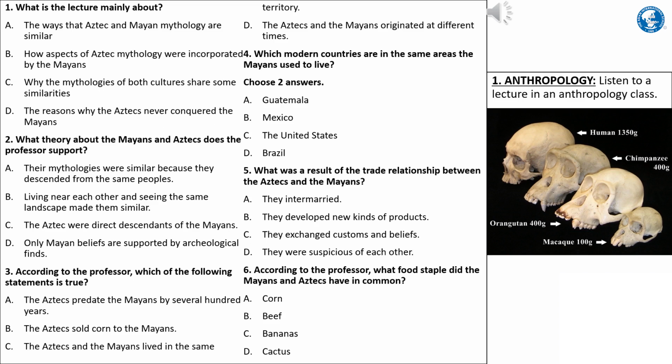Which modern countries are in the same areas the Mayans used to live? Choose 2 answers. 5. What was a result of the trade relationship between the Aztecs and the Mayans? 6. According to the professor, what food staple did the Mayans and Aztecs have in common?